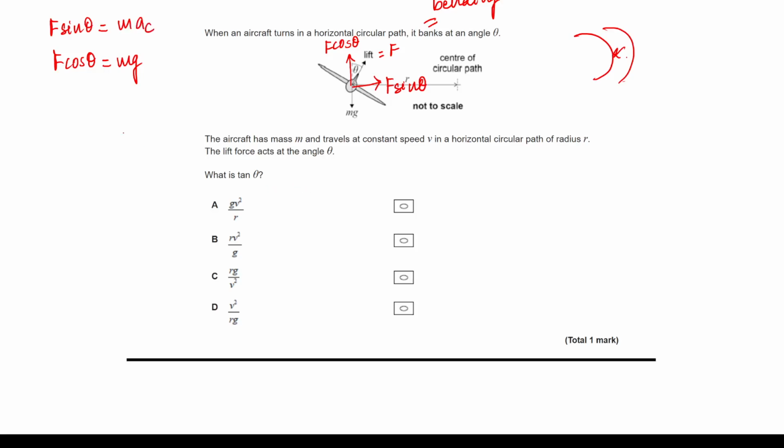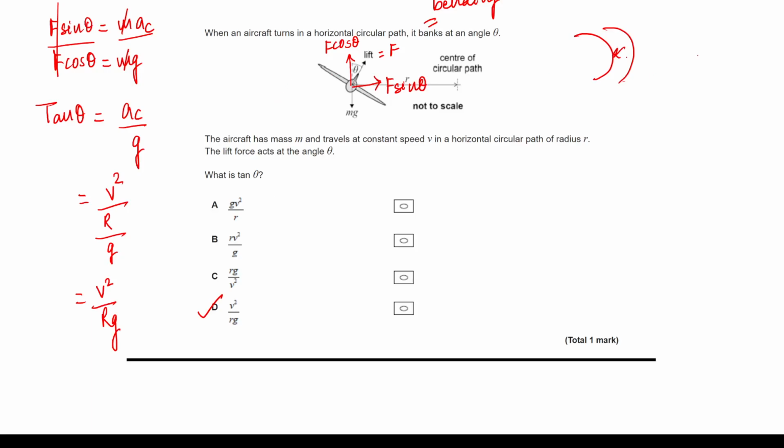Now it's asking me tan theta, so I'm just dividing them. Cancel. Tan theta is centripetal acceleration divided by g. Centripetal acceleration is v square over r, over g. So just v square over rg. That would be my answer.